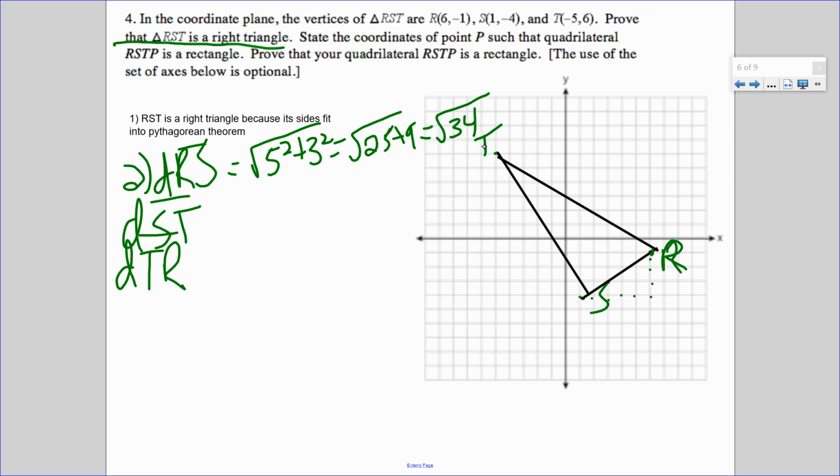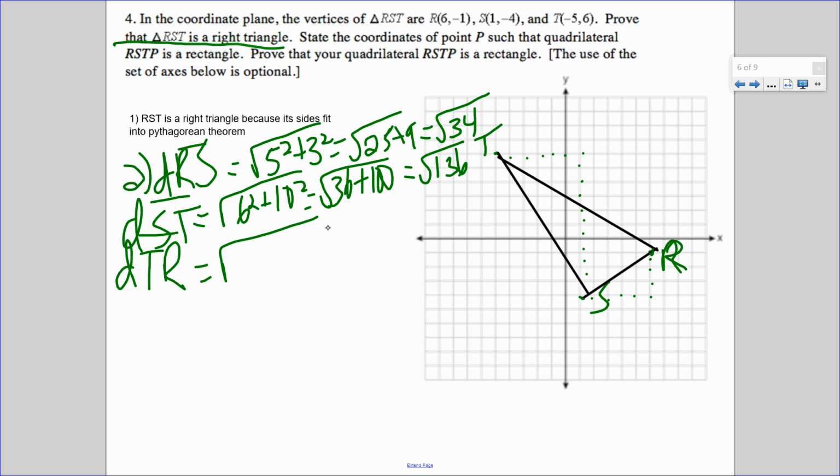ST is 1, 2, 3, 4, 5, 6 and 1, 2, 3, 4, 5, 6, 7, 8, 9, 10. Six squared is 36. 10 squared is 100. 36 plus 100 is 136.